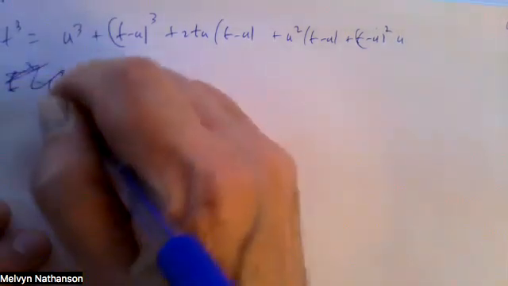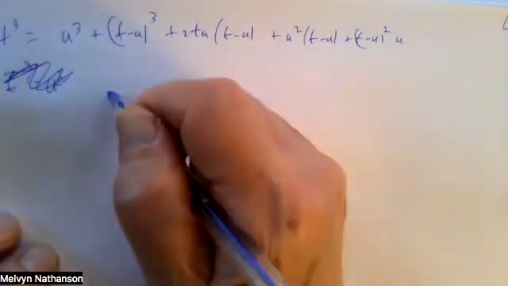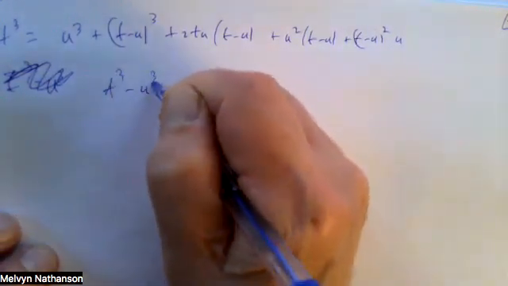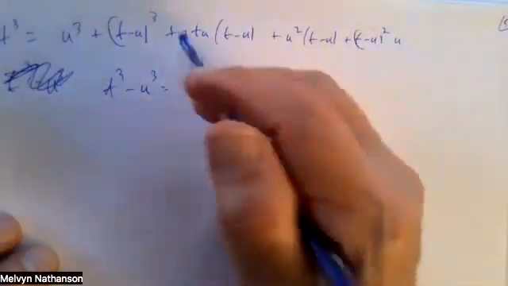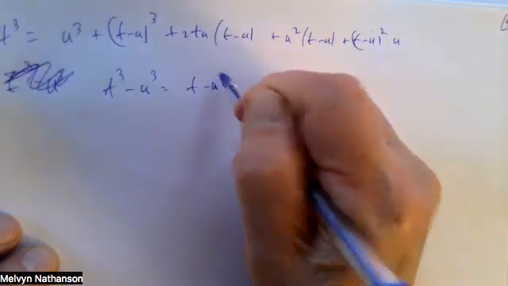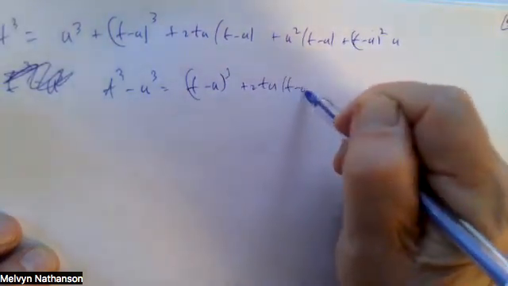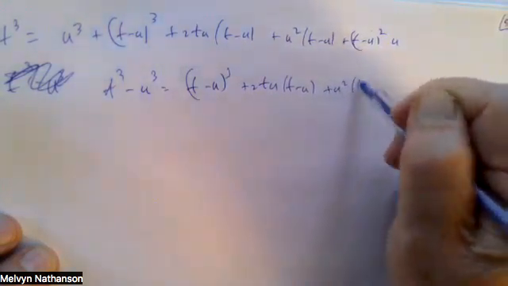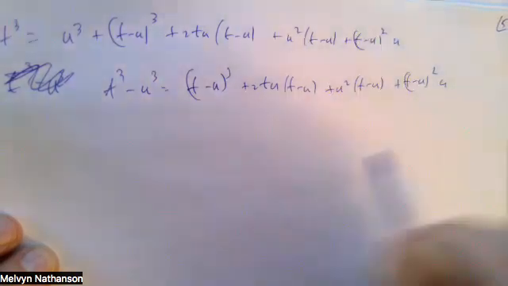Actually, just to make it easier for you, I'll follow the form in the text. t cubed minus u cubed equals everything on this side. t minus u cubed plus 2tu times t minus u plus u squared times t minus u plus t minus u squared times u.